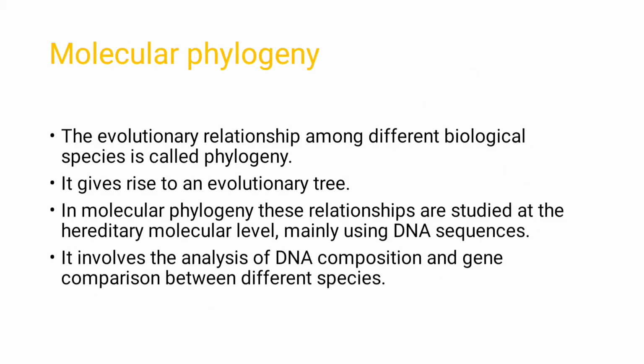So how it evolved slowly, bit by bit, in a slow process. The evolutionary relationship among different biological species is called phylogeny, which gives rise to an evolutionary tree. In molecular phylogeny, how do we find this relationship? By studying the DNA sequences.